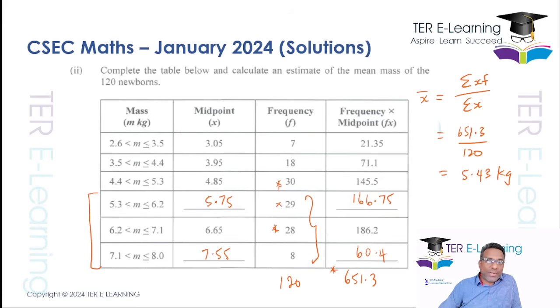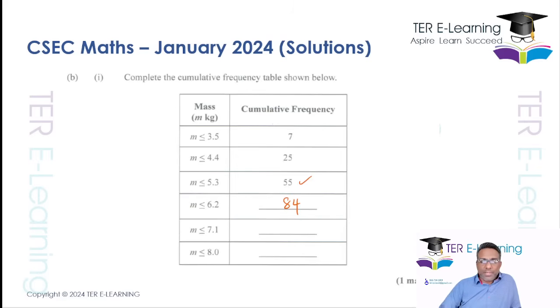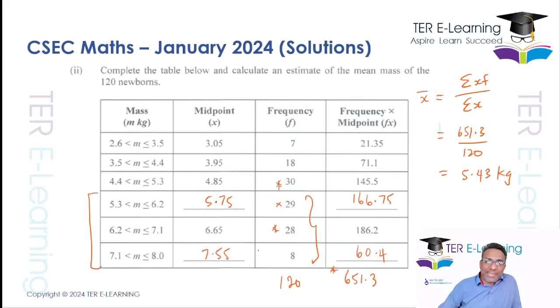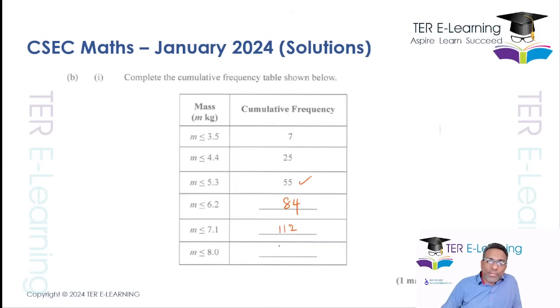So 84 plus 28 is 112. And then we have one more to add, which is 8. When you add 8 to this, you're going to get 120. So we know we're good, because our final cumulative frequency needs to be 120.